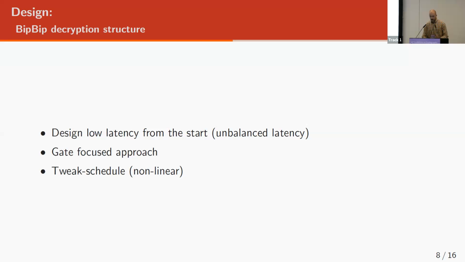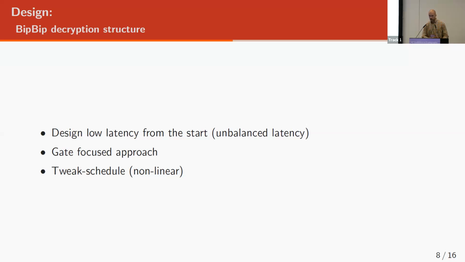Also, we needed a tweak schedule. Why? Because we need to handle a tweak, and we need to handle it quickly because we want to inject the tweak inside the data path. I will show in the next slide how the design looks and you will understand. But basically what you need to understand is that you have a tweak, which is a public value, and this public value can be used for many attacks.